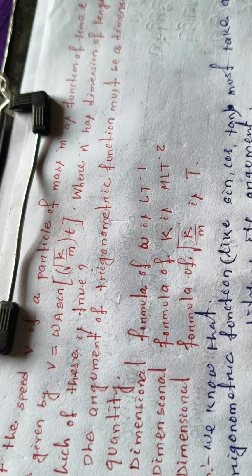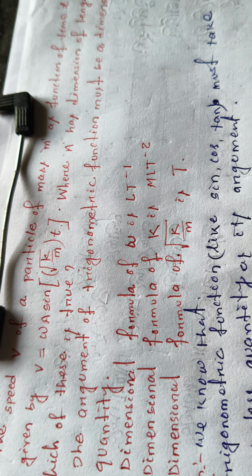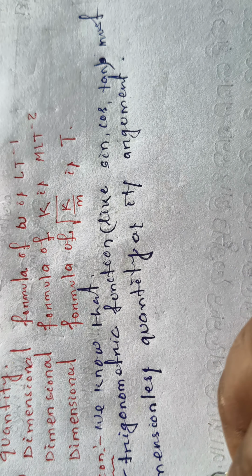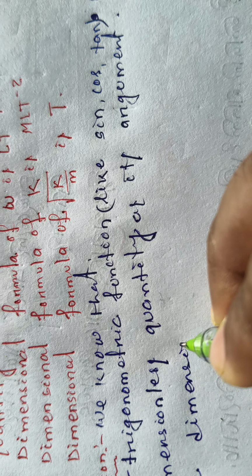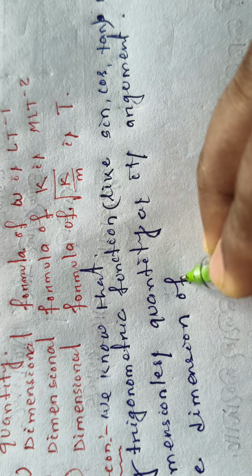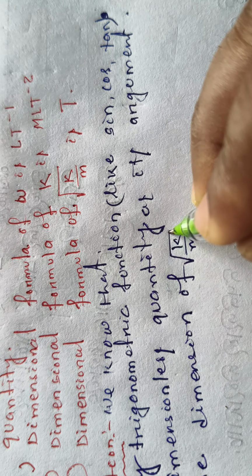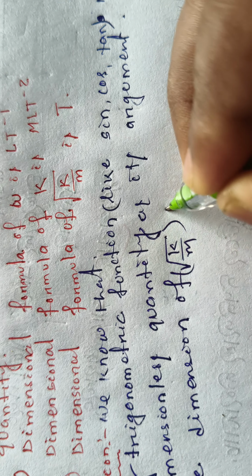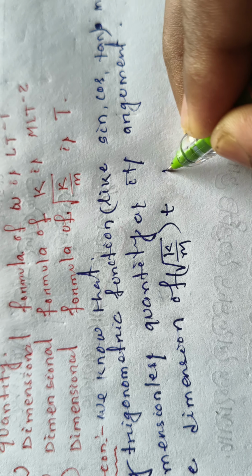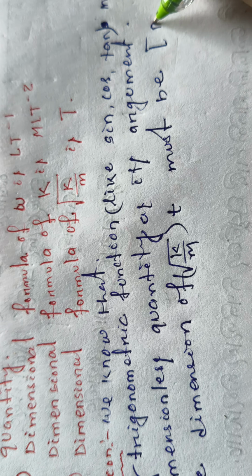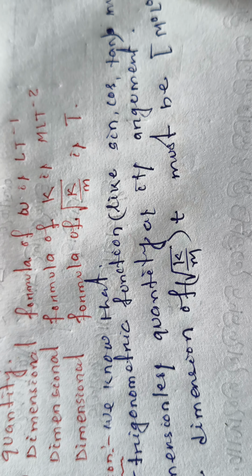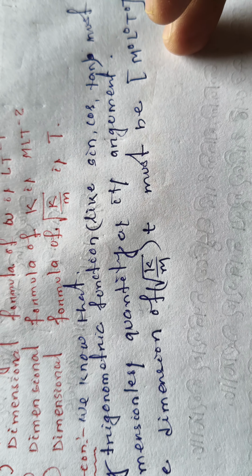The dimension of root over k by m t must be dimensionless. That means M0 L0 T to the power 0 is a dimensionless quantity.